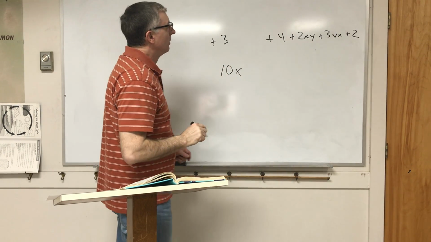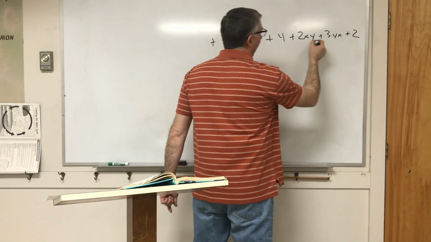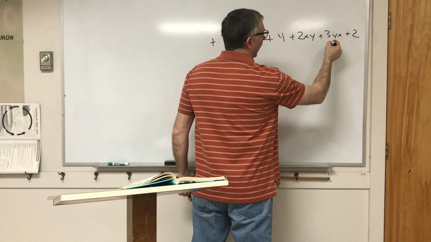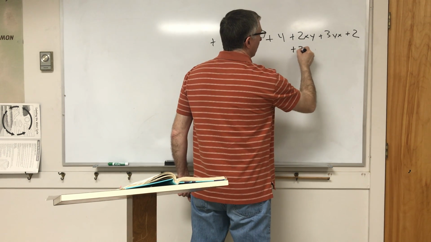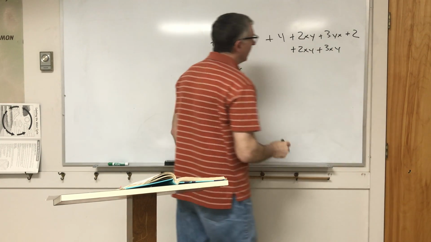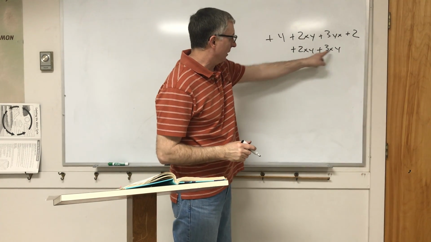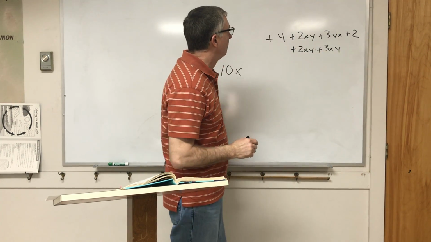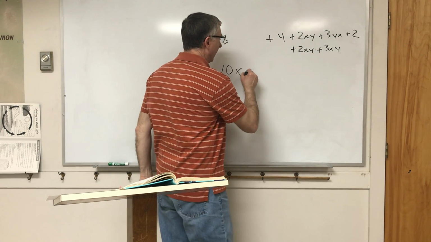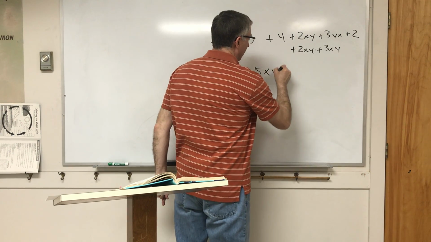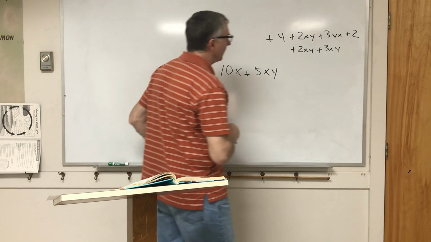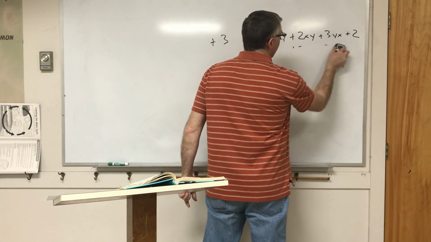All right, so I have back here a 2xy, and so 2xy plus 3xy. Those are also like terms because the letters are exactly the same. All right, so 2 plus 3 is 5xy. And I can erase those.